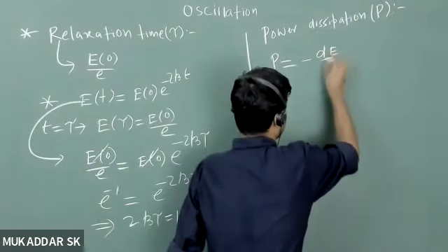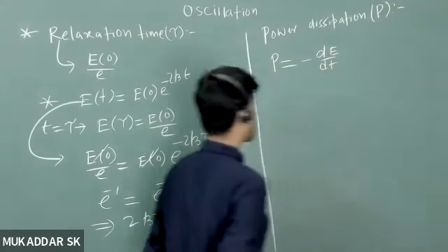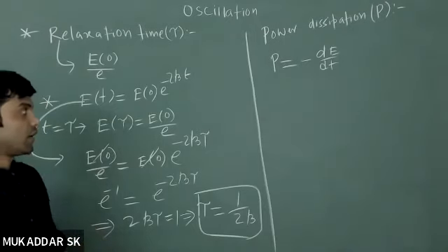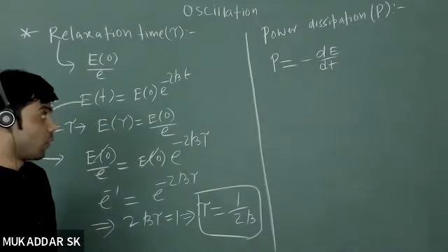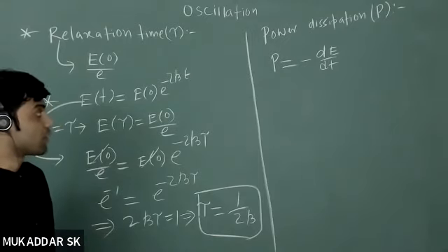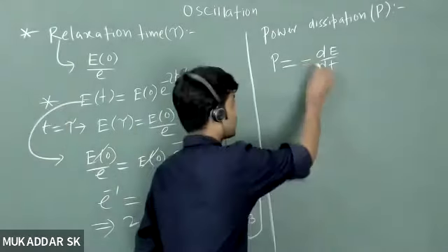Why am I using the minus sign? Because it denotes that the energy is getting less, or reducing with time. So power dissipation means rate of energy loss, and due to the loss I have used this minus sign.